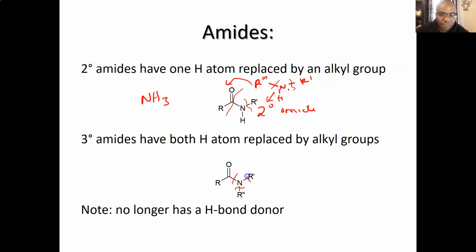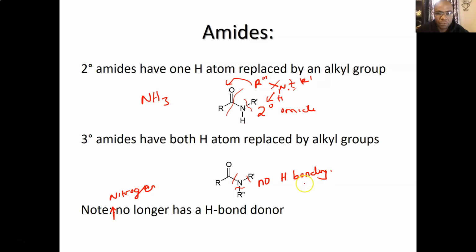And of course, this will be tertiary. Note that the nitrogen in a tertiary amide no longer has a hydrogen donor. Like here, there's no NH, so you don't expect hydrogen bonding.